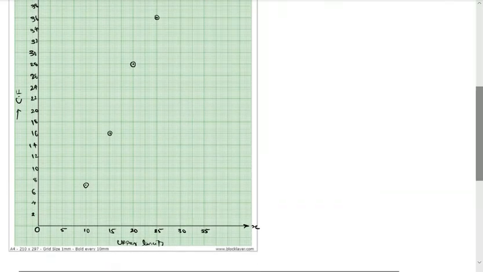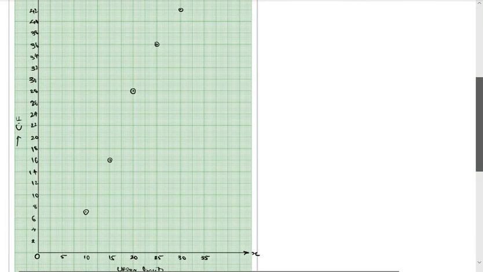Now I'll zoom out and show you where these points are. See, this is where they are. Now we are going to start from here, but never start in between. Always keep your ogive grounded.